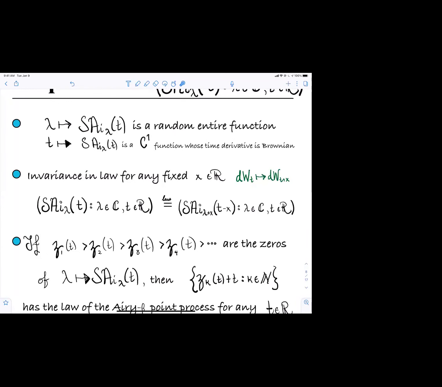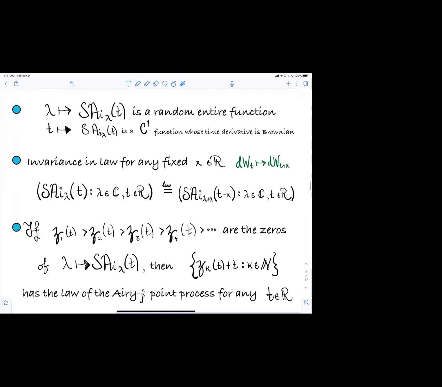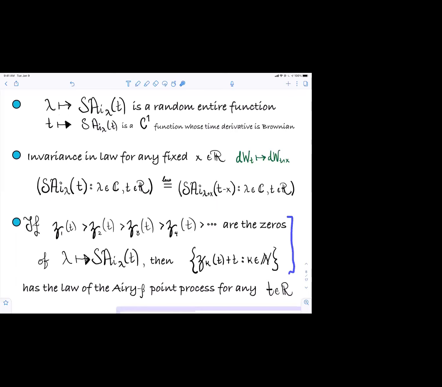So you actually have that this whole random object for all t's and lambda is the same as this one, where you've shifted the t by x and the lambda by x. So this gives rise to a beautiful picture. I'm going to show it to you.